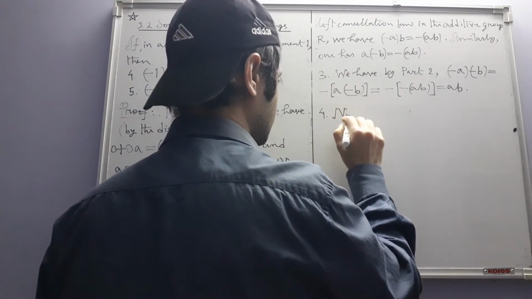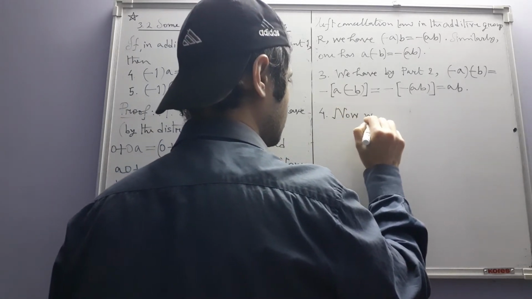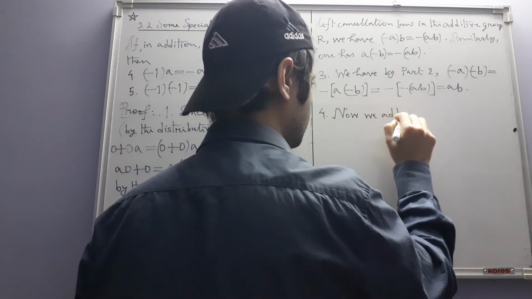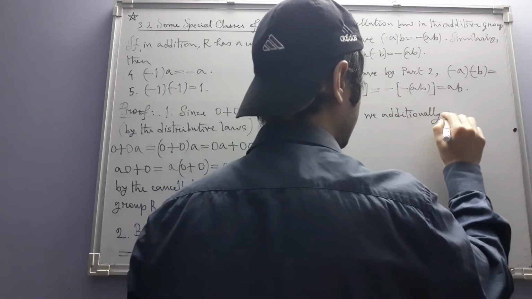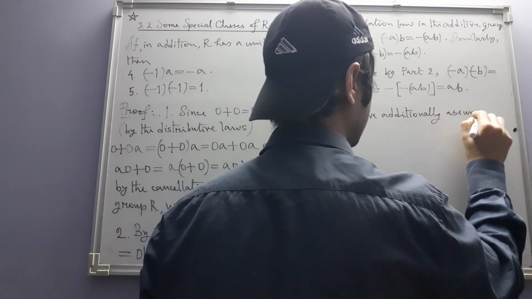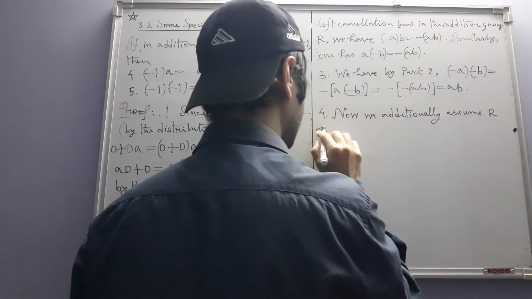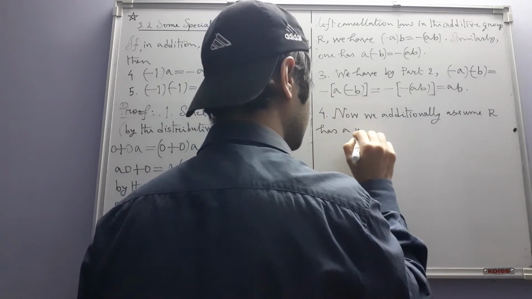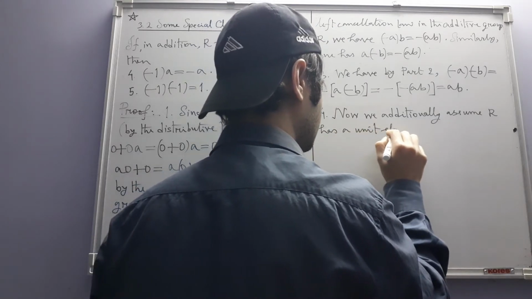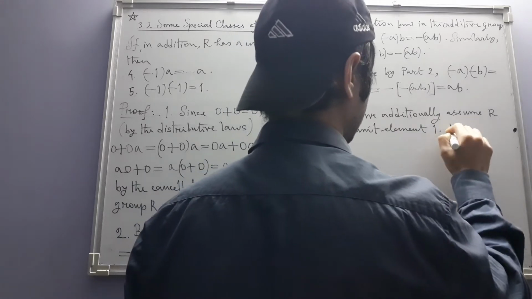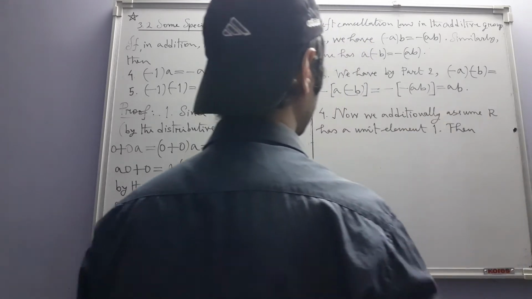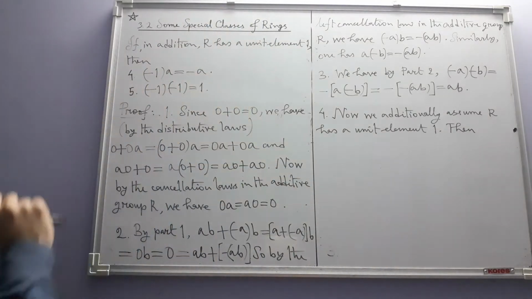Next, we additionally assume R has a unit element 1. Then we need to prove this, right?